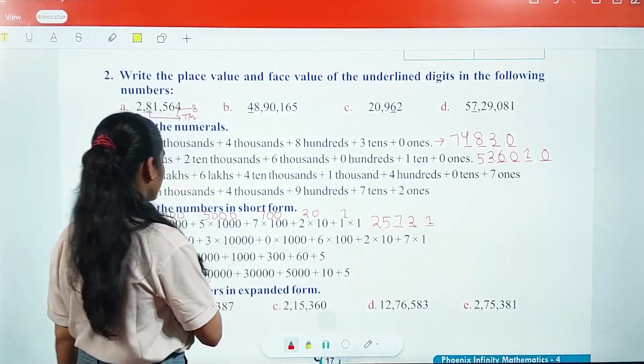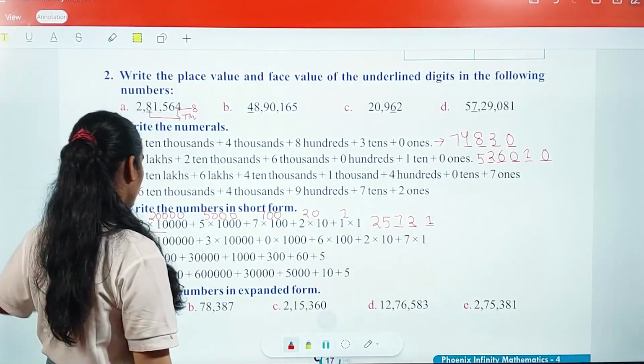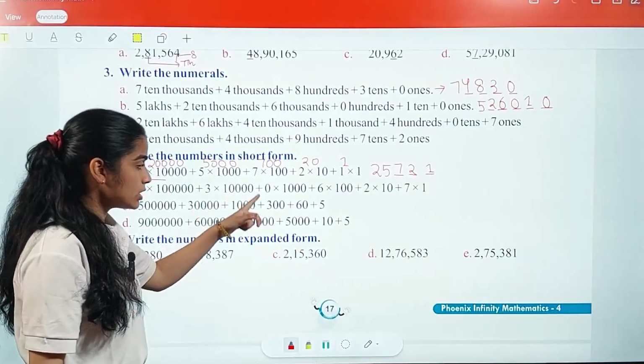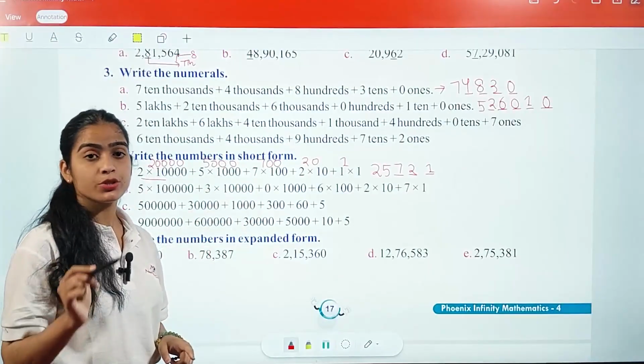This is your answer, 25,721. So students, now these 3 parts you have to do yourself.